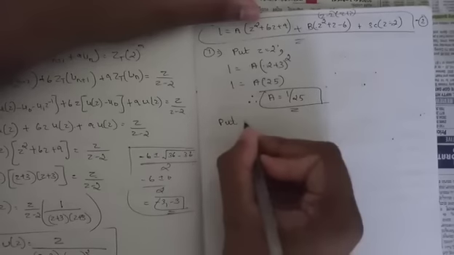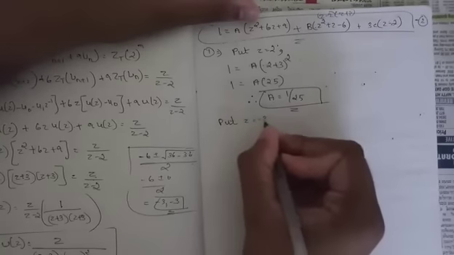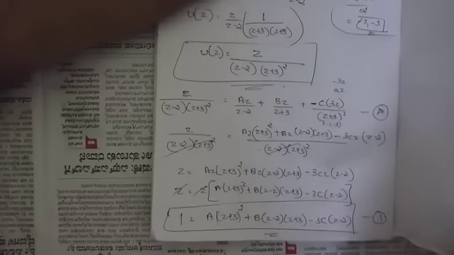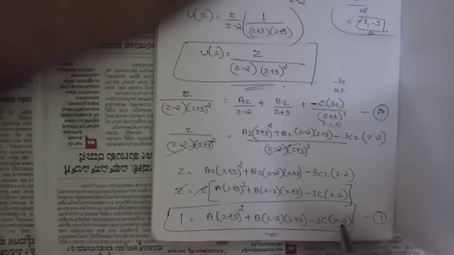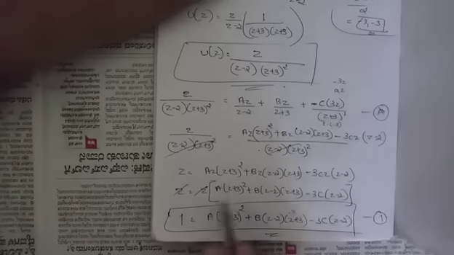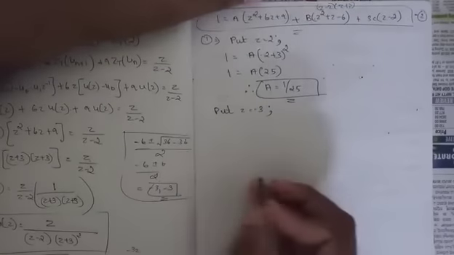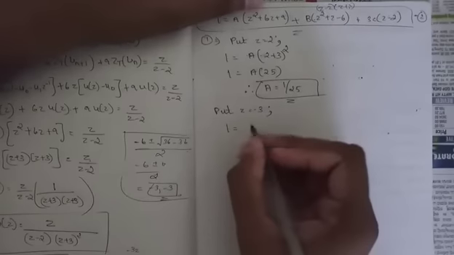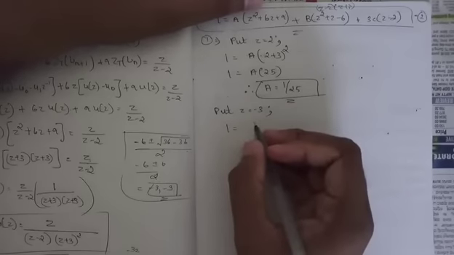Similarly, put the value of z equal to minus 3. See here, in order to find the value of c, it is z plus 3, so we need to put it as minus 3 on both sides. So this becomes 1 equal to c, right?